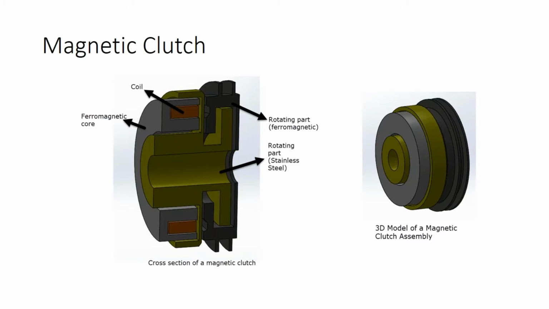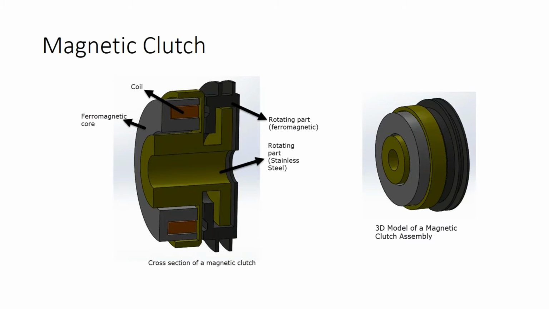There is this rotating part, which is brown in color, rotating part, stainless steel. That is the driver component, where the driver shaft is fixed to that part and it rotates. Then we also have a rotating part which rotates only when it is in contact with the driver.